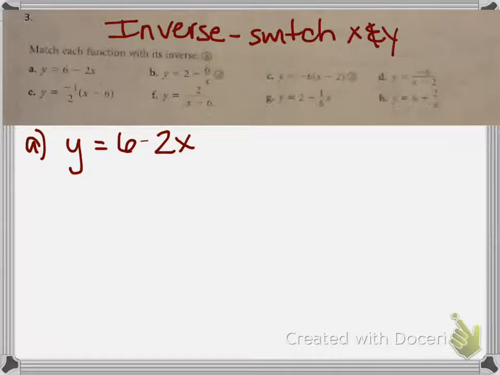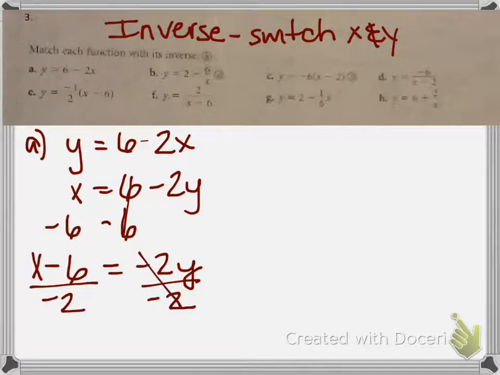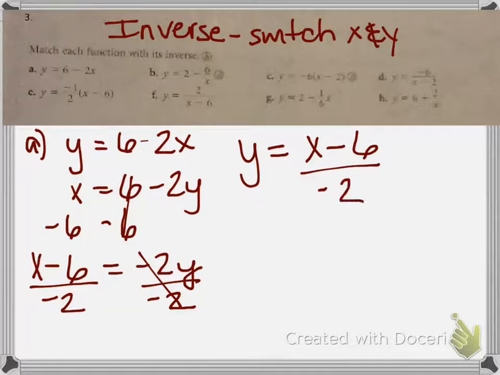So here's my original equation, switch x and y, so x equals 6 minus 2y, and then we solve for y. So I'm going to use my reverse order of operations, get x minus 6 equals negative 2y, and divide everything by negative 2. So I can leave it like this, y equals x minus 6 over negative 2.